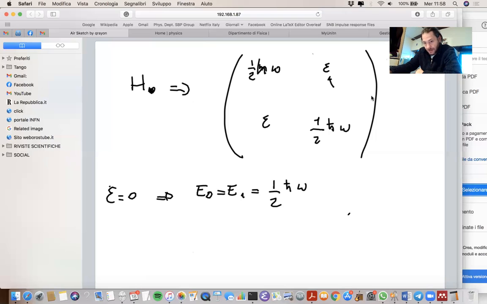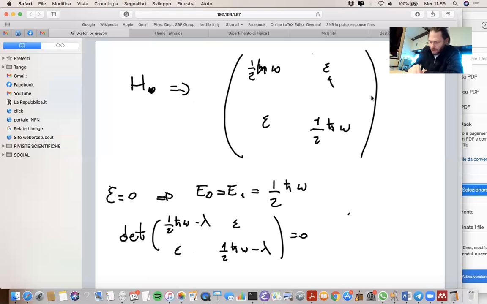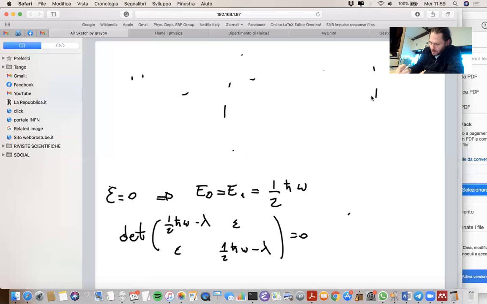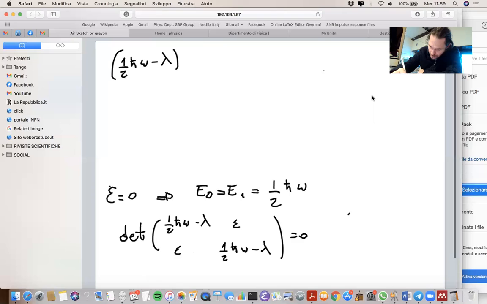So I have to look at the determinant of my matrix: 1/2 h bar omega minus lambda, epsilon, epsilon, 1/2 h bar omega minus lambda, equals 0. This is the secular equation. This will produce a polynomial equation: (1/2 h bar omega minus lambda) squared minus epsilon squared equals 0.